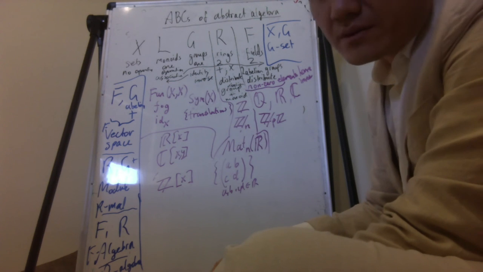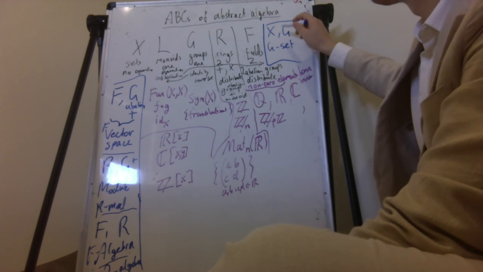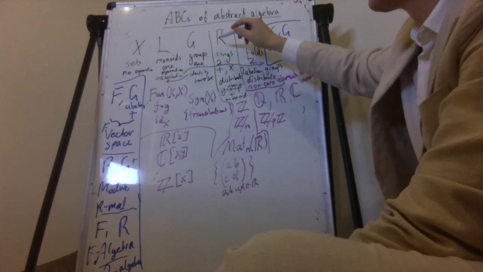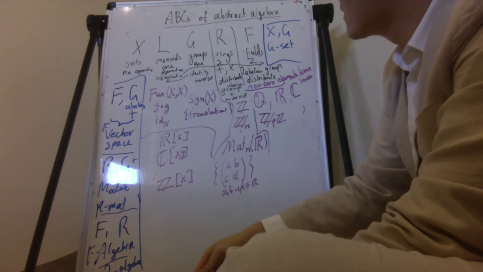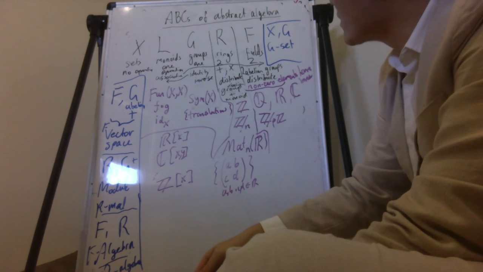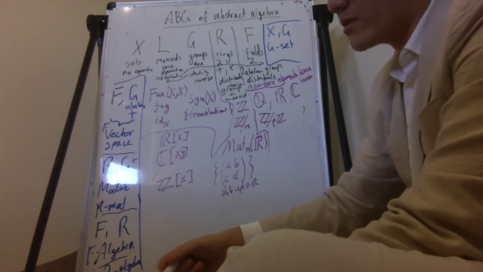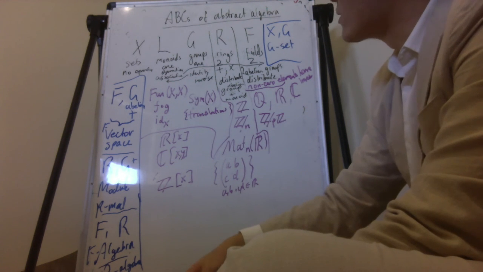It just so happens that all these combinations of G set, monoid set, ring set can be viewed as modules and algebras. So that's why we don't list all these other ones.